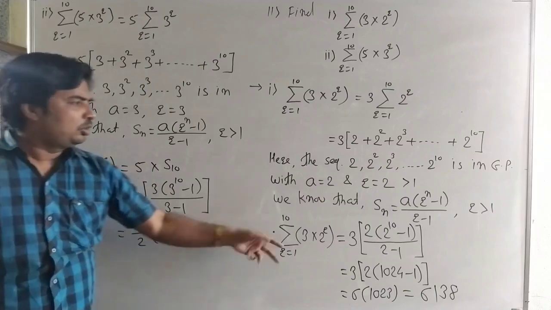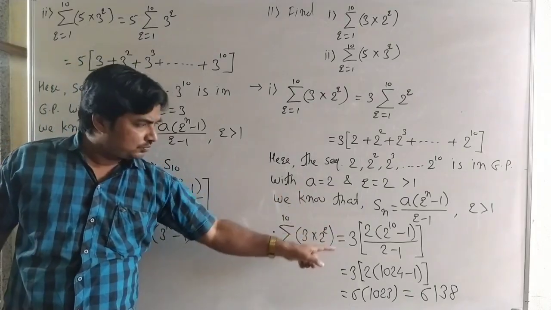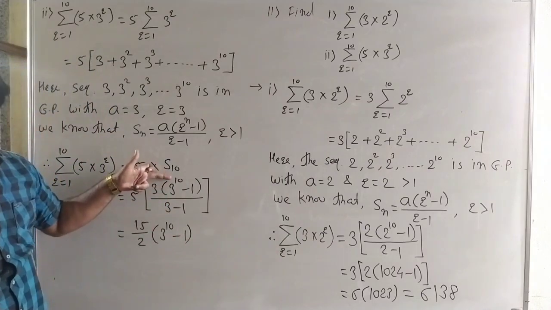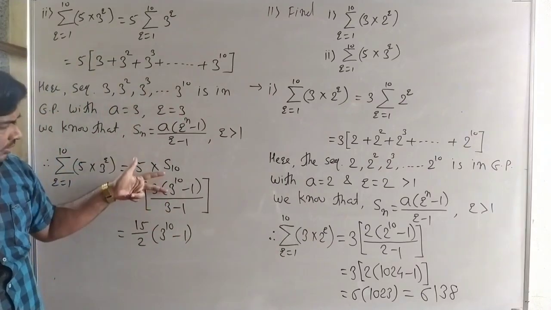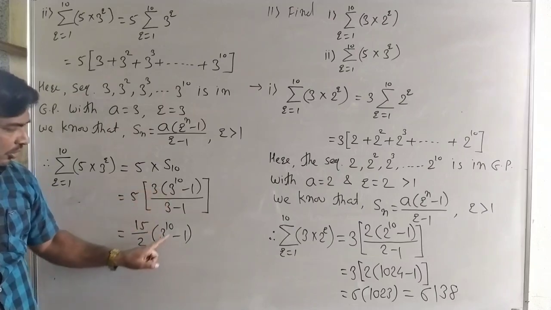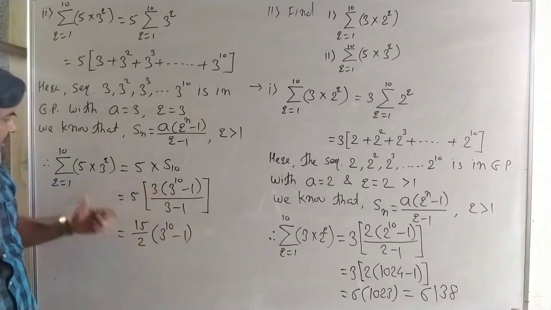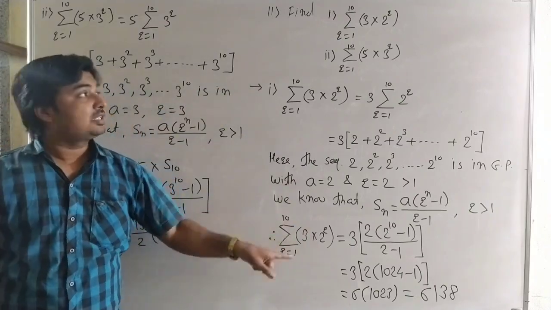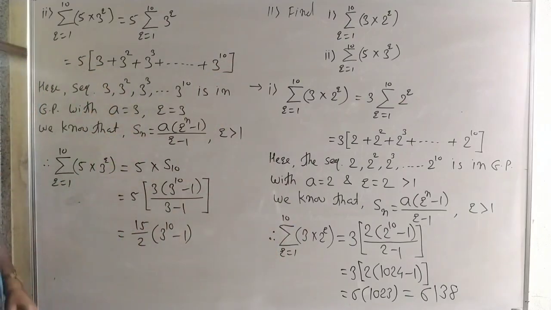Here 2 to the power 10 is a simple calculation, that is 1024, but 3 to the power 10 is a difficult calculation, so it can be written as 3 to the power 10 minus 1. This is the second example and the answer for the first example. See carefully, check the calculations.